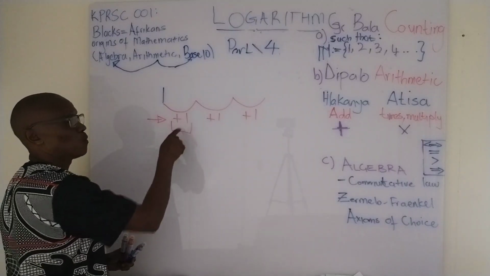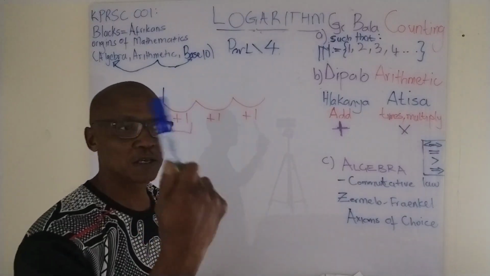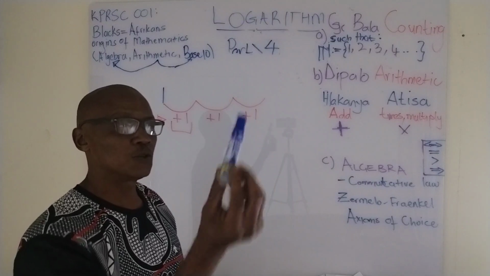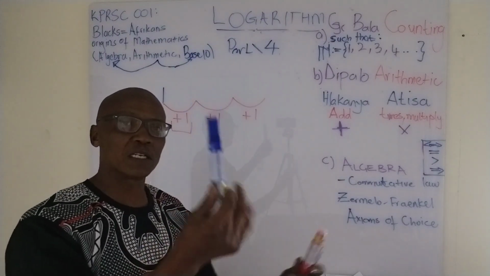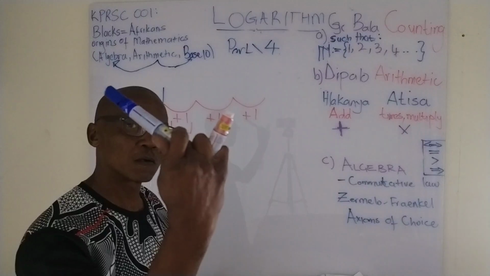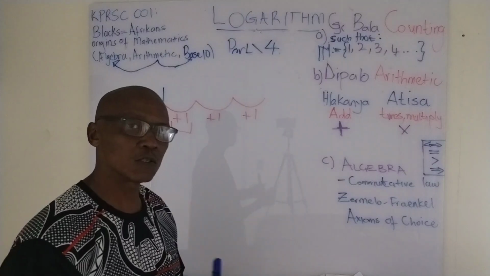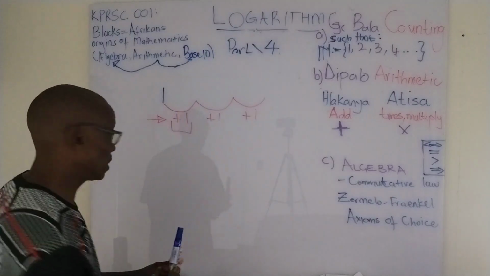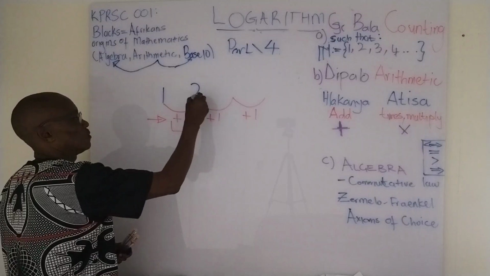But if I add 1 to 1, I can simulate it with anything. Here's 1. I come with an object. I say, this is 1. You're seeing only this object. Now I bring another 1. Now you don't see only this. You see, and I call it 2.